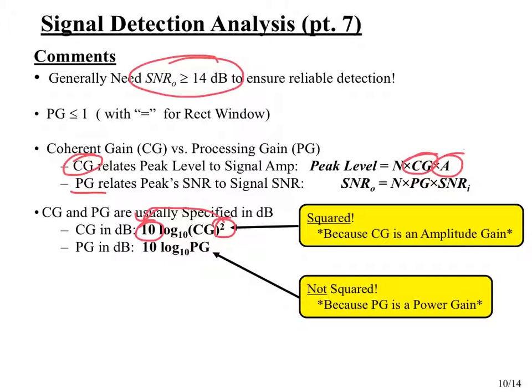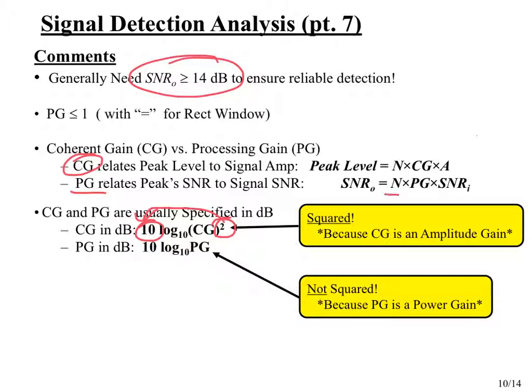If we're taking a dB form of this equation for the peak level, it would be 20 log 10 of N plus 20 log 10 of the coherent gain plus 20 log 10 of the amplitude, and that will give us the peak level in dB. Then if we want to do dB analysis of SNR, we would do 10 log 10 because those are all powers.